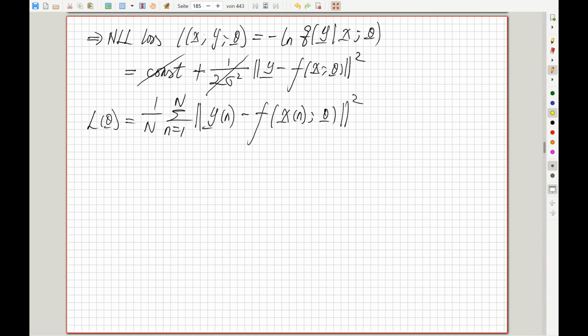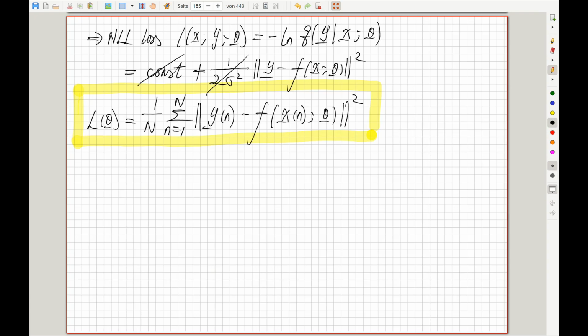And this is the first possible cost function, the final cost function to be minimized for a regression problem.